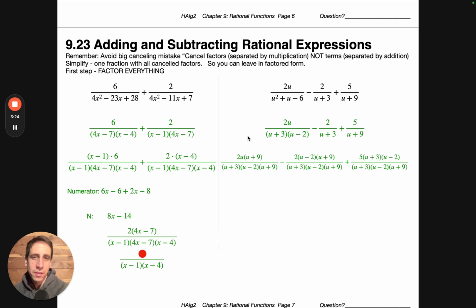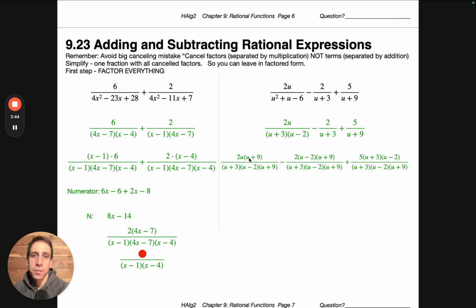What's missing on the left is u plus 9, because the least common denominator is going to be u plus 3 times u minus 2 times u plus 9. There are all the factors that are present in all the fractions.